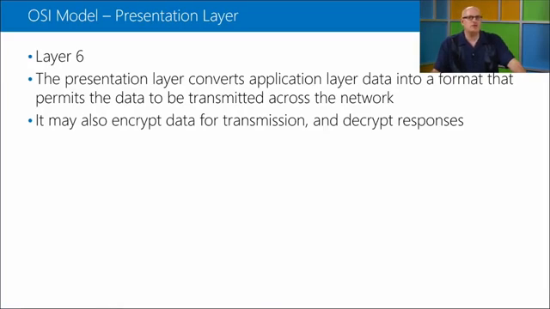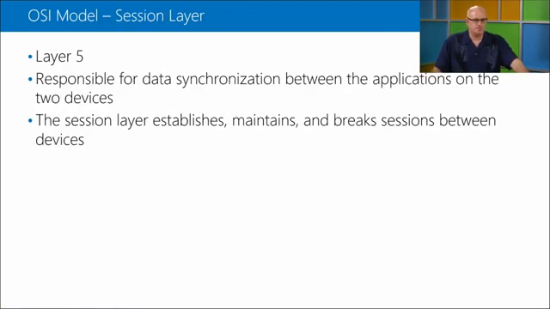At this level, there may be a bit of encryption of the data for transmission and decryption of responses. Again, if you want to know more information about the OSI model, please look it up in the Networking Fundamentals course. The session layer is responsible for data synchronization between the applications on the devices. The session layer establishes, manages, and breaks sessions between devices.